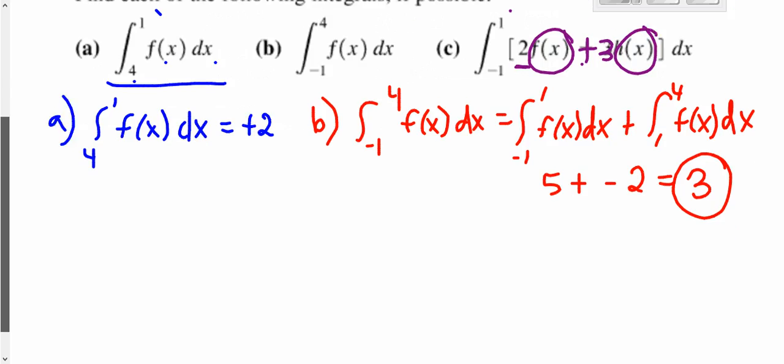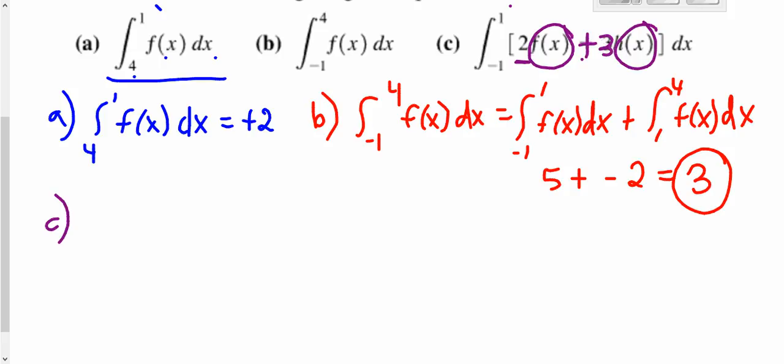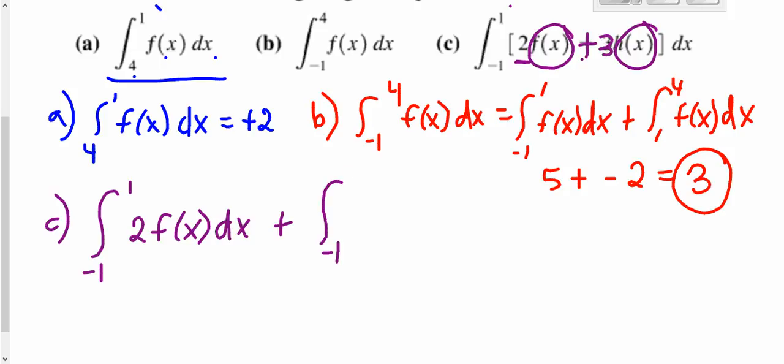So first we need to rewrite this integral from -1 to 1. We can split up the f and h of x, so we have 2 times the f of x dx plus -1 to 1 of 3 times h of x dx.